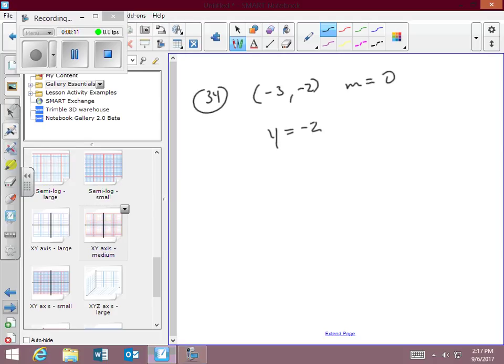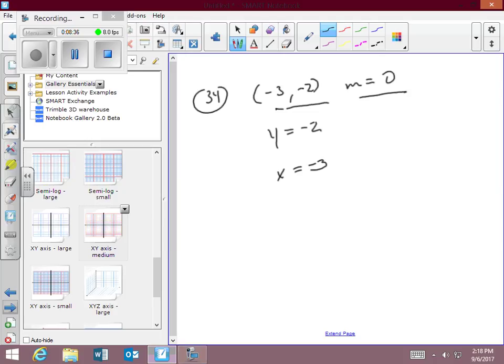How many agree? How many disagree? How many don't know? Which one is this again? This is the point, this is the slope. So it's either got to be y equals -2 or x equals -3.